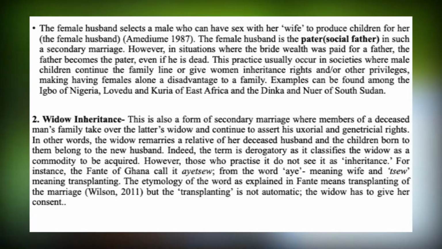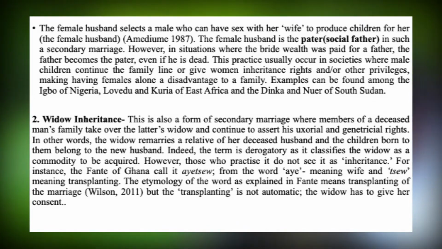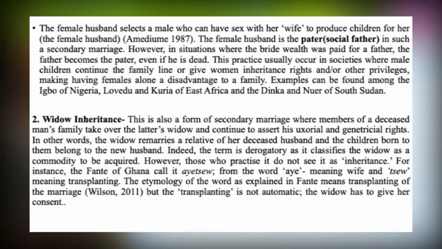The next type of marriage under the secondary marriage is widow inheritance. Widow inheritance, as the name suggests, is a type of marriage where members of a deceased man's family take over the latter's widow and continue to assert his auxiliary and genitorial rights.